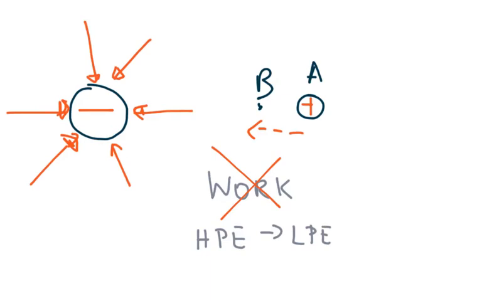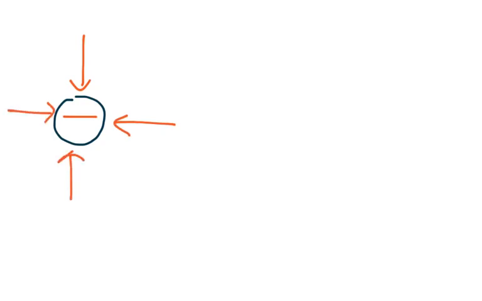Okay, so next and very last example, we are going to look at a negative charge, and the negative charge field is facing towards the negative charge. We have a situation where we have a positive test charge right here at point B, and we have point A. And what we want to do is move this from point B to point A. So we're looking at both of these charges here.